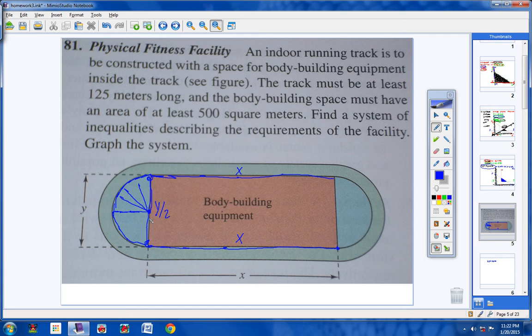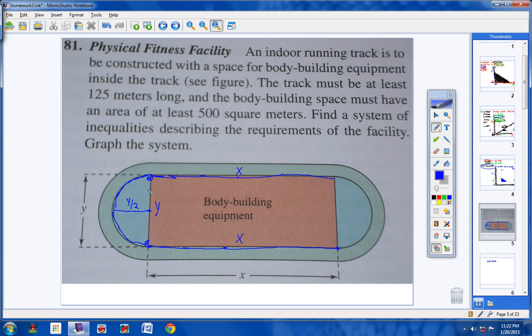They're all the same because this point here is right in the center of my semicircle, okay? So, if the whole distance from here to here is y, then half of that is y over 2, okay? So, the radius is y over 2.